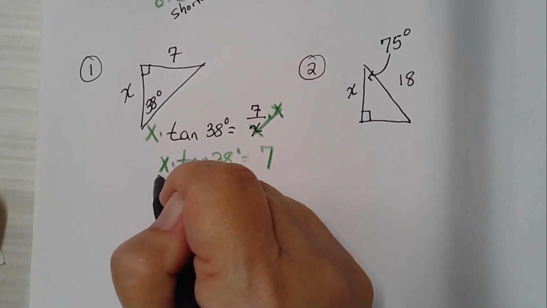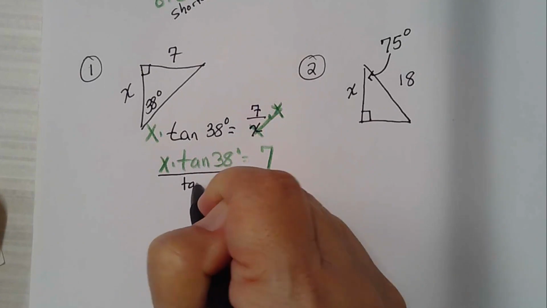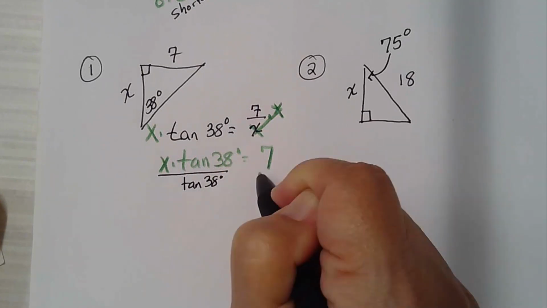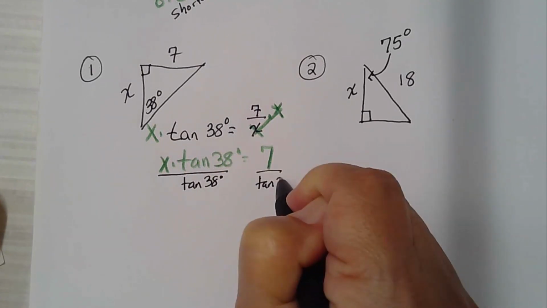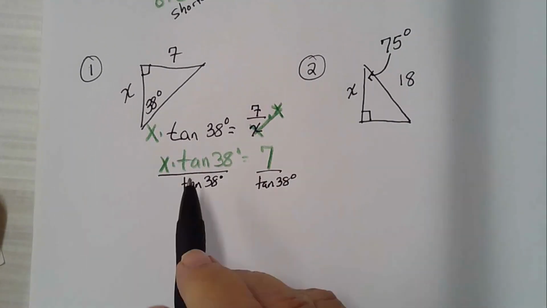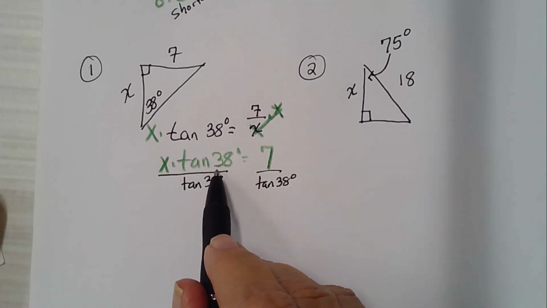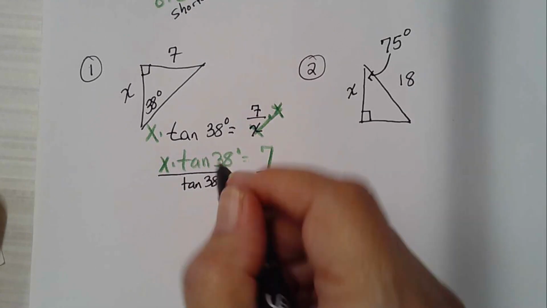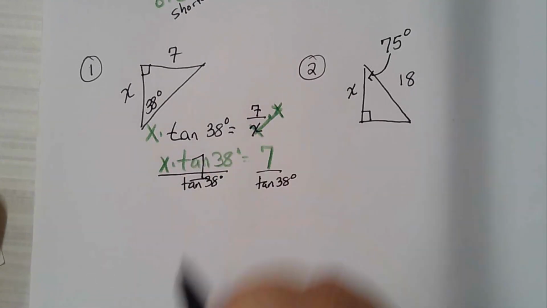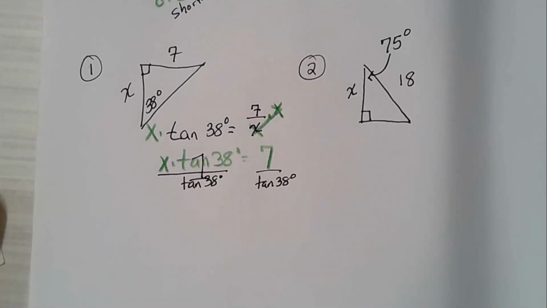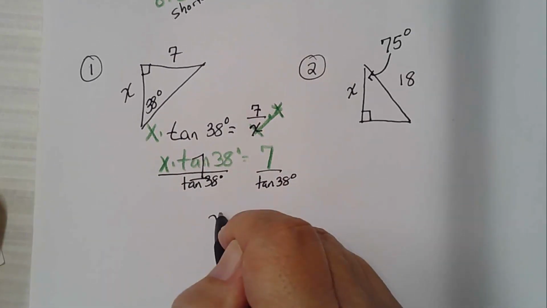So you're going to divide by the tangent of 38 degrees. Tangent of 38, whatever it is, divided by tangent of 38 is going to be 1, because anything divided by itself is 1. So even though I have no idea what the tangent of 38 degrees is, I know the division is going to come out to be 1, and x is going to be by itself.